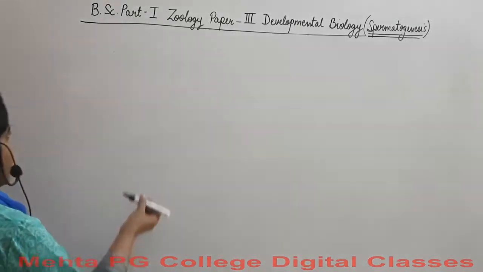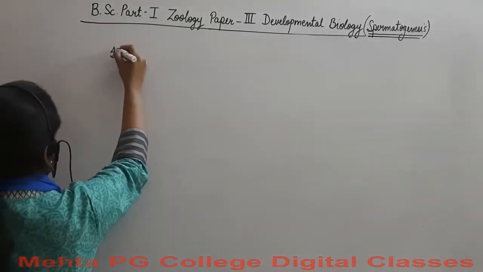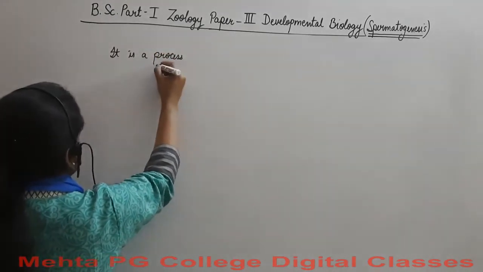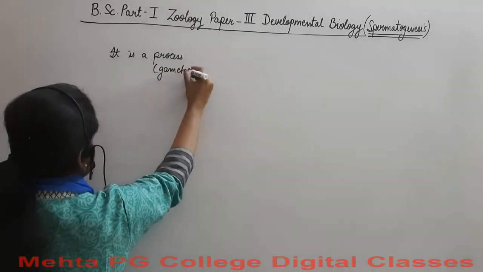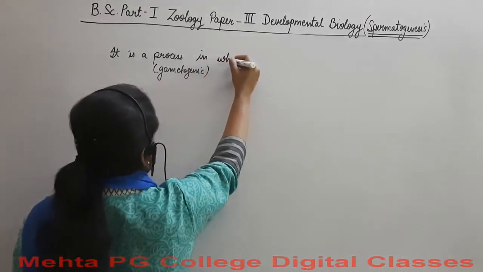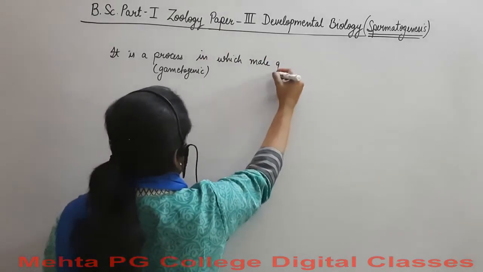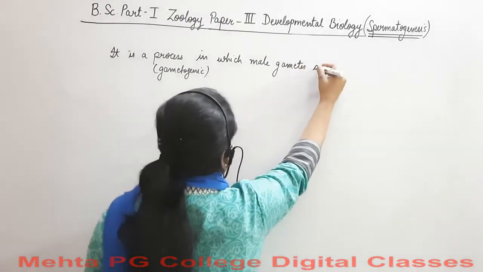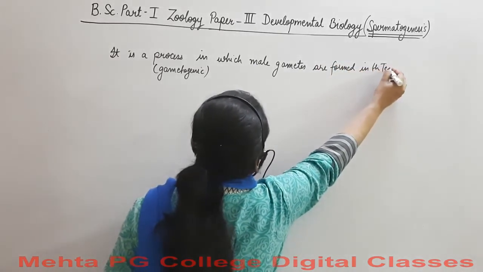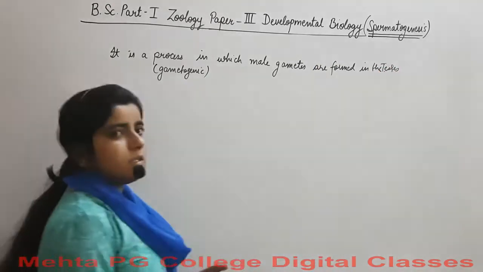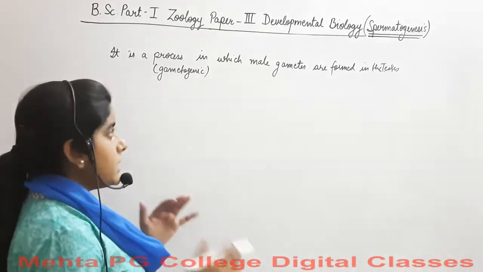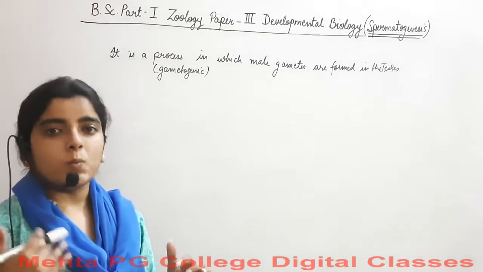So when we define spermatogenesis, we say it is a gametogenic process, a gamete formation process in which male gametes are formed in the testes, right? And now we say that if male gametes are produced, then they undergo meiosis.